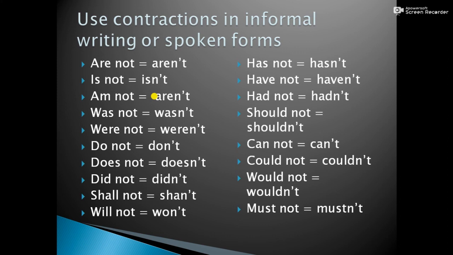Then remember these contractions when you are using informal language in writing or when you are speaking, especially in casual or informal conversations. And also remember their contractions and their pronunciations. That is important in spoken language.